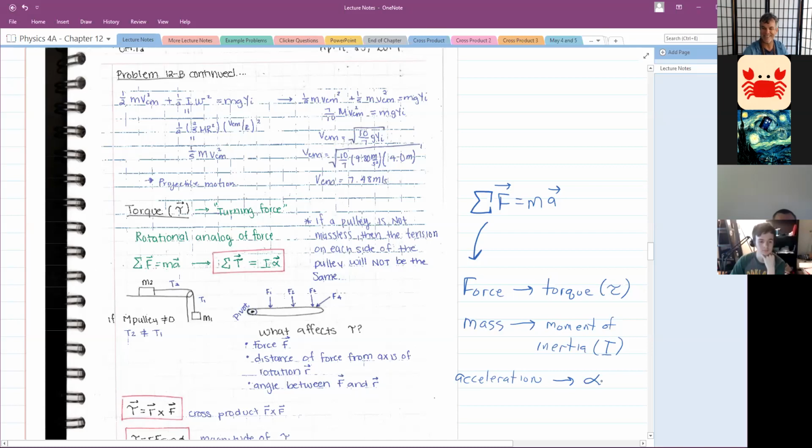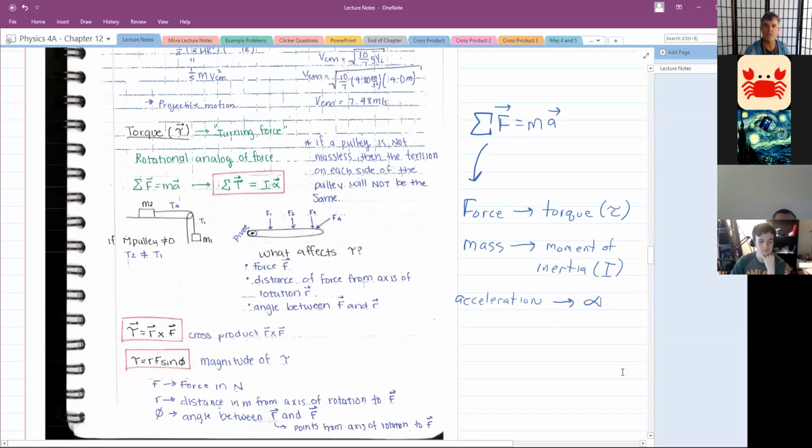And so Newton's second law in terms of torque, moment of inertia, and angular acceleration is: the sum of the torques on an object equals the moment of inertia of the object times the angular acceleration.